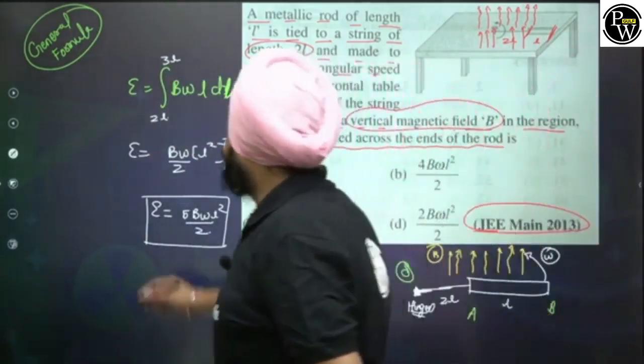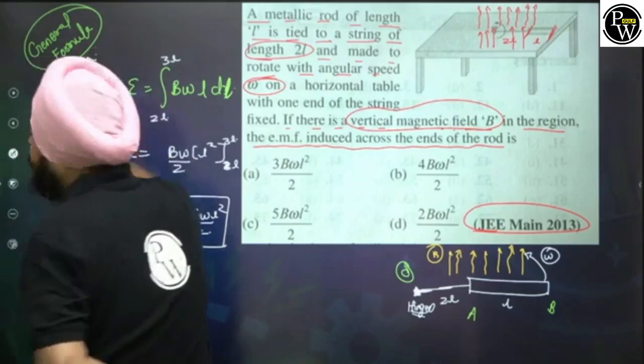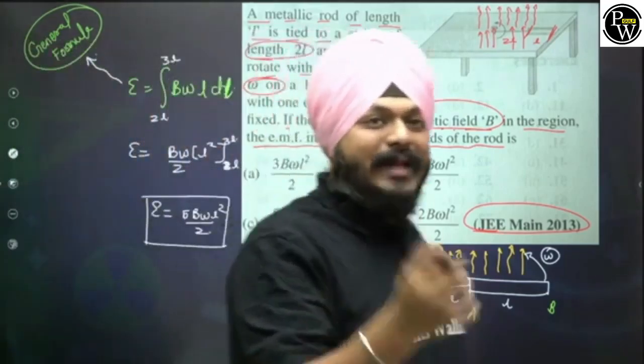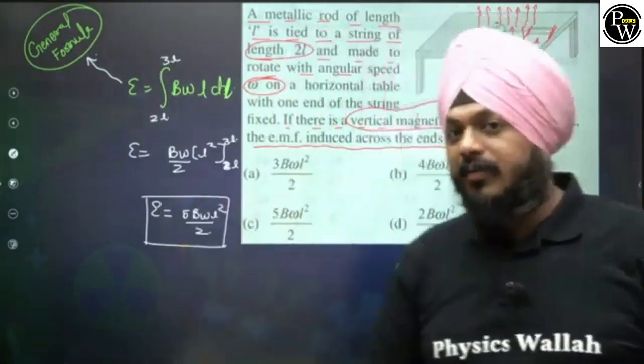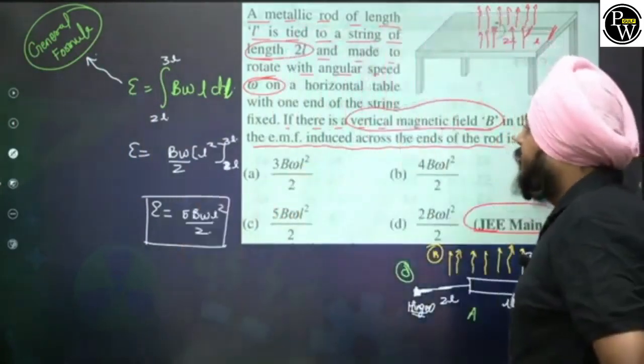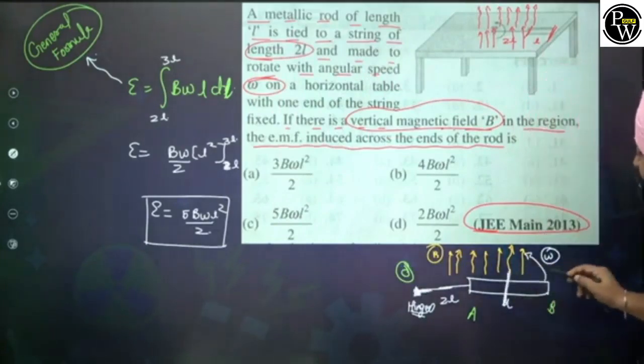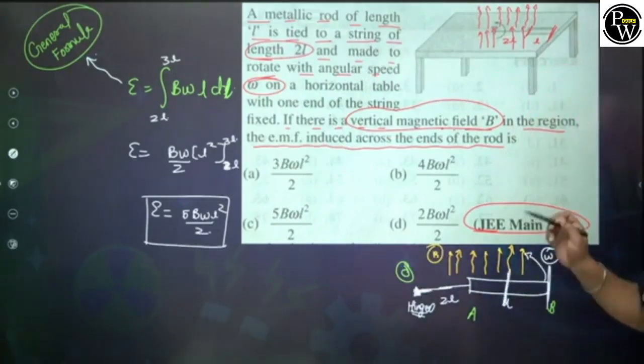So guys, this is the general formula that we have to take care of all the time. Suppose the situation says calculate the potential difference between the midpoint of the rod and the edge.